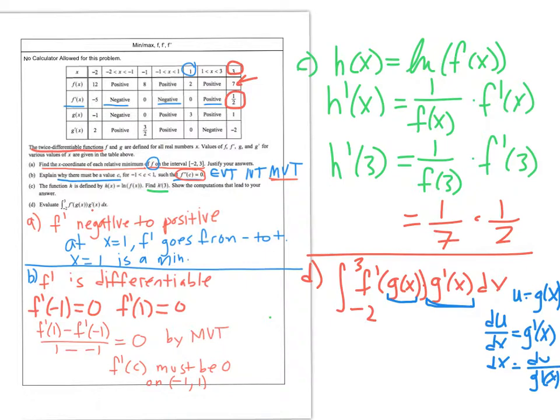This is just the derivative of f of g of x. So one of the things that you might notice is that this would end up being f of g of x, and you might not even need u-substitution to see that. And then we're going to plug in positive 3 and -2 and subtract.